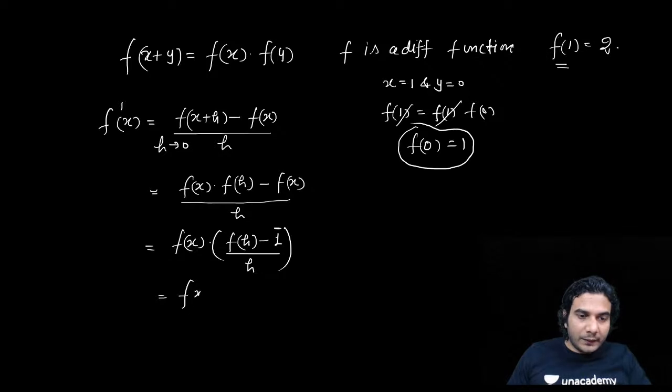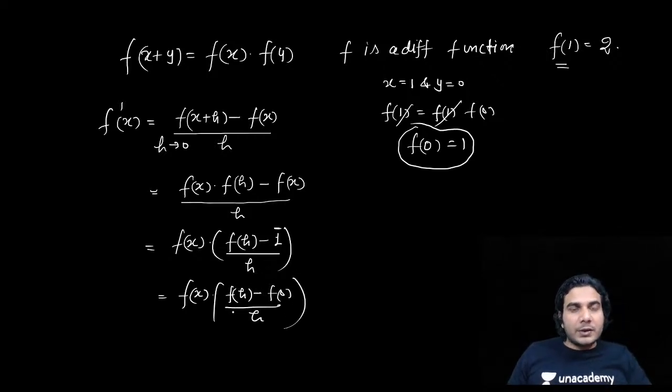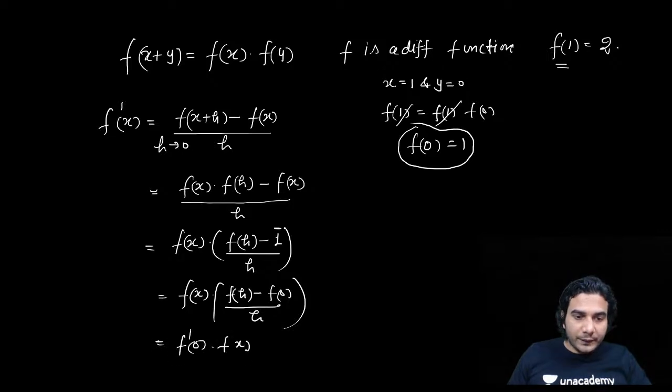So you can write f of x into f of h minus f of 0 divided by h, which is nothing but f dash of 0. So it is f dash of 0 into f of x is equal to f dash of x, alright?